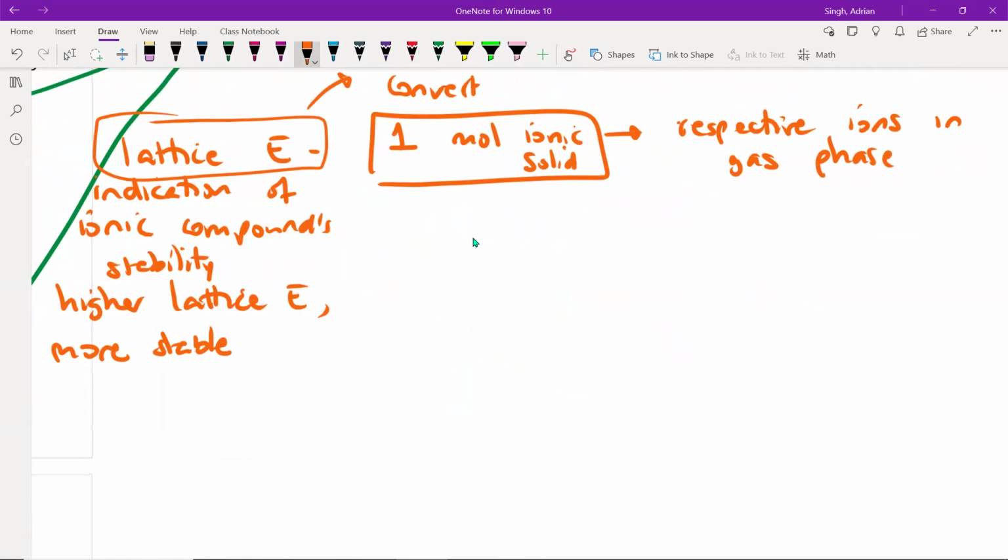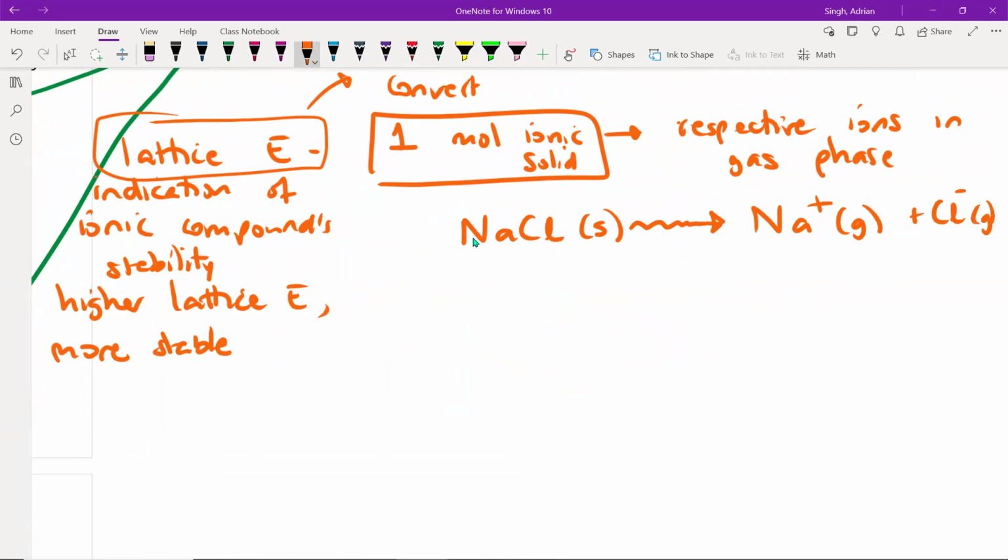So for example, if I have NaCl, sodium chloride, as a solid, I'm going to put my arrow here. That means I'm going to start with the NaCl and convert it into a separate sodium ion in the gas phase, and then the chloride ion, Cl minus, also in the gas phase.